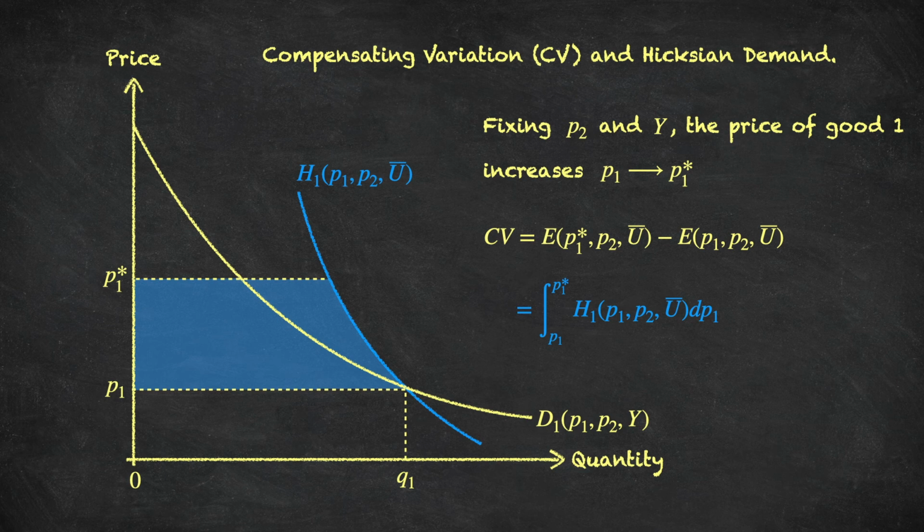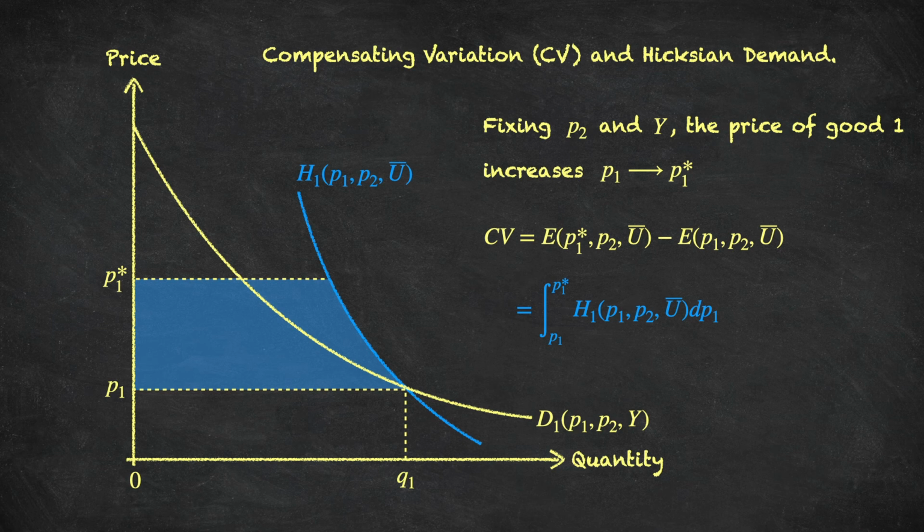Now I've represented on this diagram, and we just have to note that because we draw the diagram the wrong way round with price on the vertical axis, that this integral, rather than being the area underneath the Hicks demand function, really, I've drawn a picture of the inverse Hicks demand function here. And this integral, this area, is to the side of what I've labeled as the Hicks demand function here.